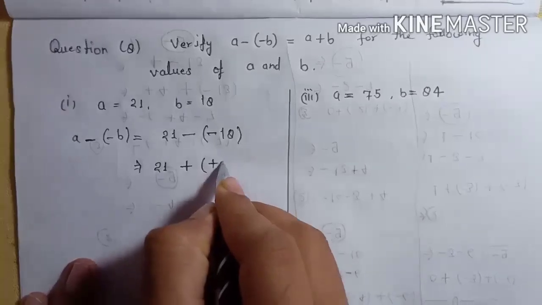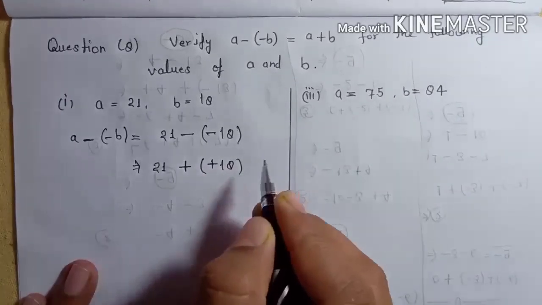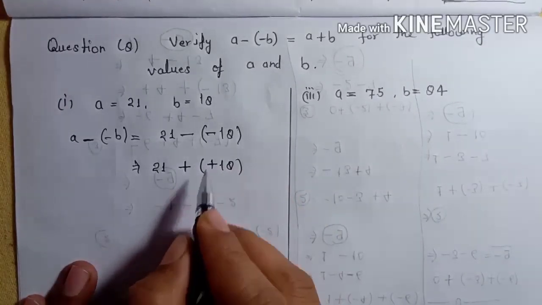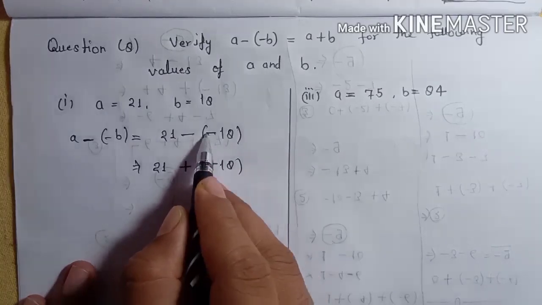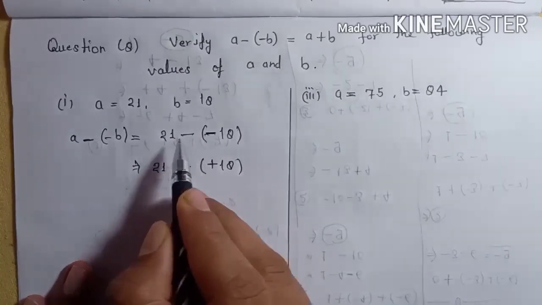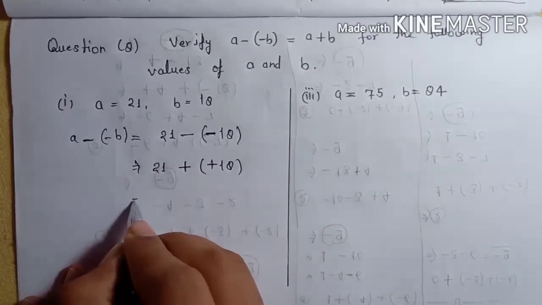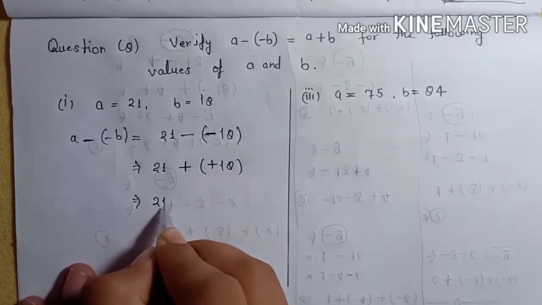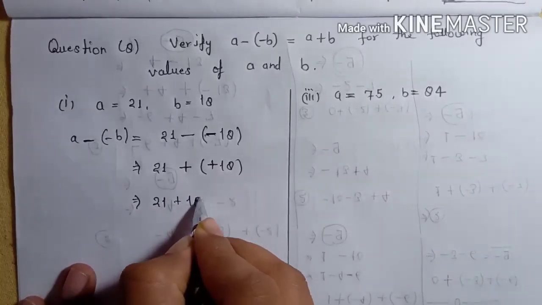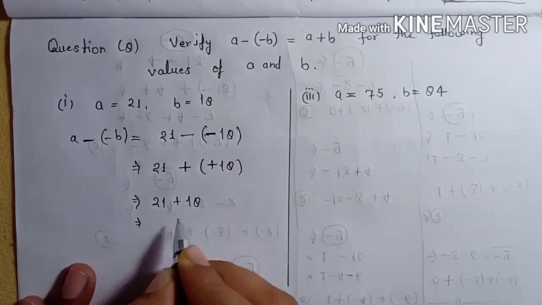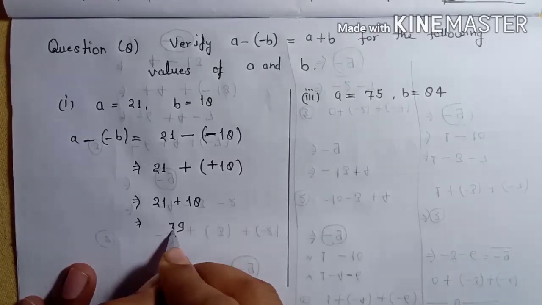So that will be 21 plus 18, and the answer is 39.